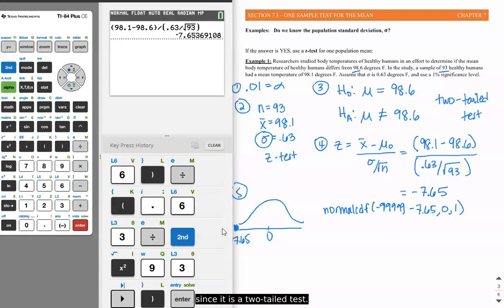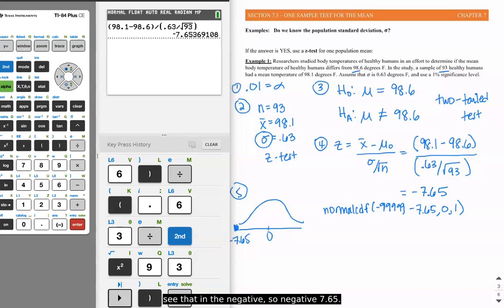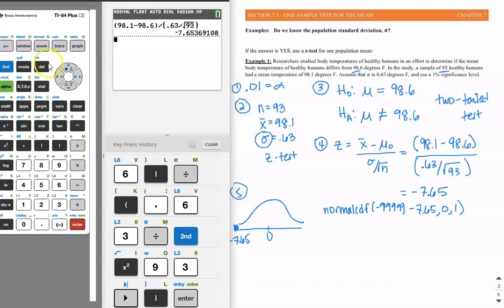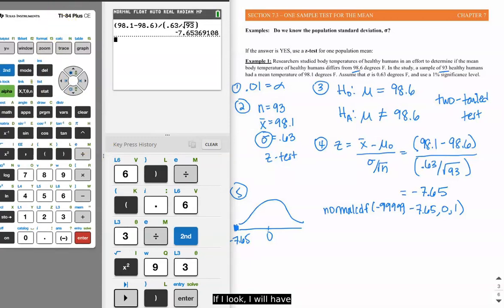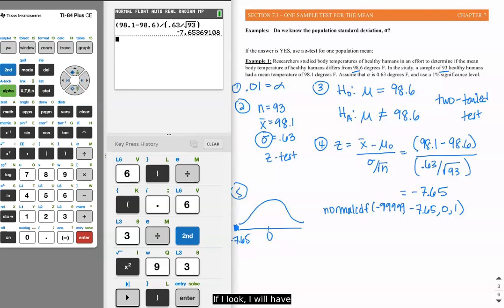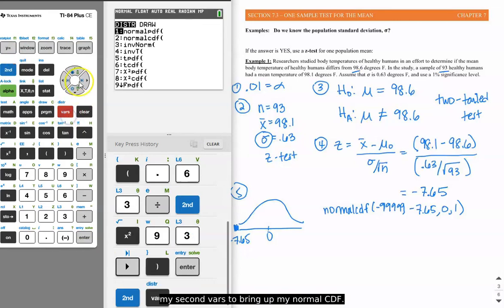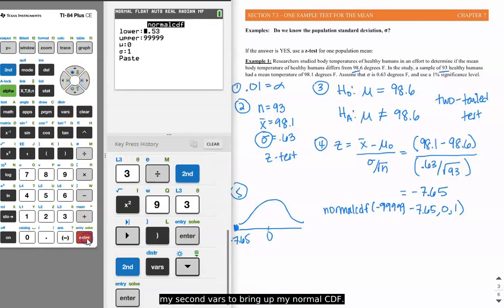Okay, so let me move my screen just a little so you can see the negative 7.65. If I look, second vars to bring up my normal CDF.